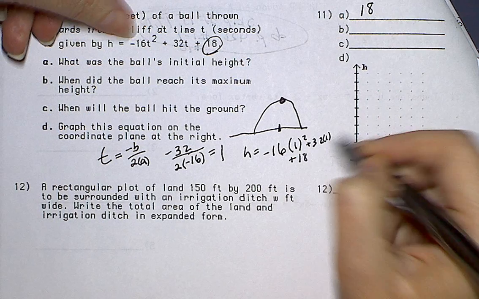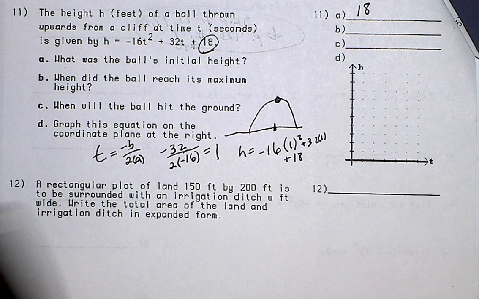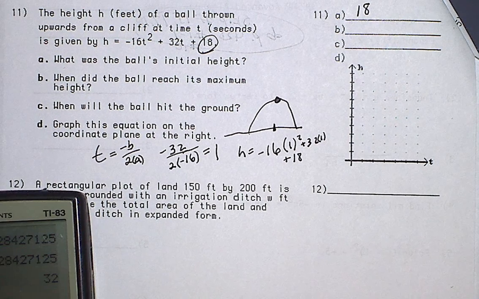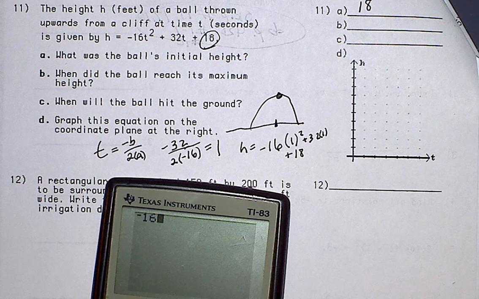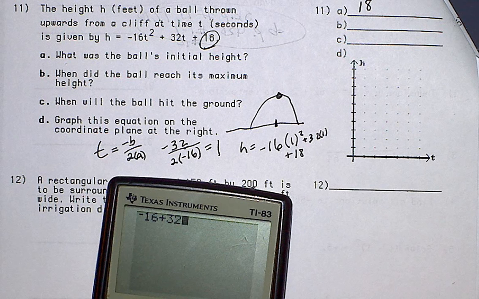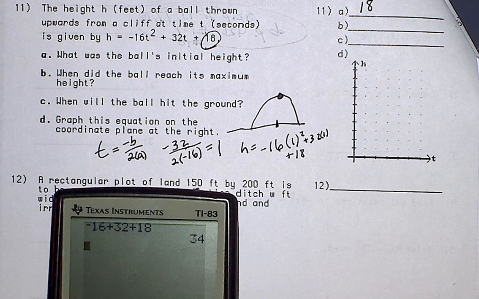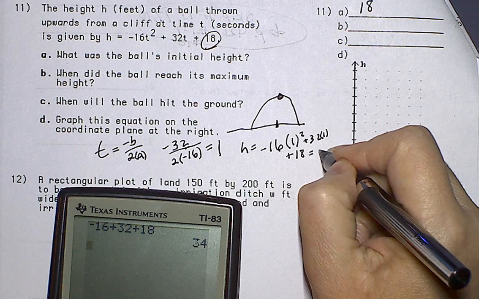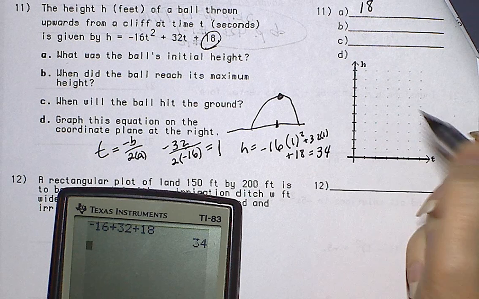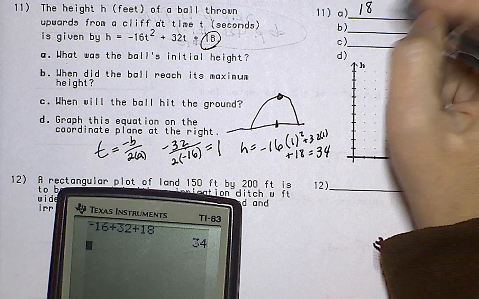We'll put that into our calculator: -16 plus 32 plus 18. So the maximum height is 34. The reason we need that is because D says that they want you to graph it. So we know that for B, the ball reaches its maximum at 1 second.